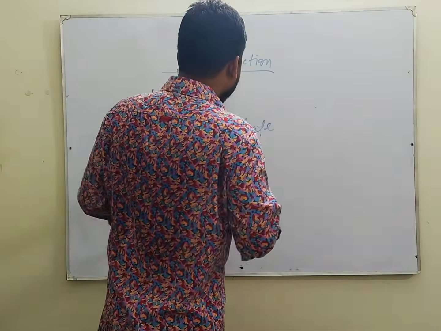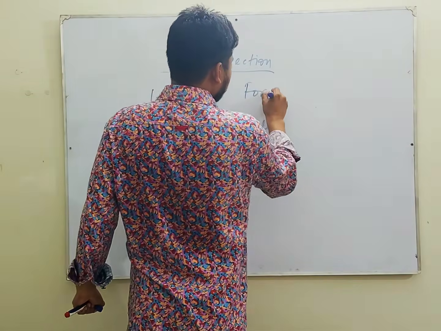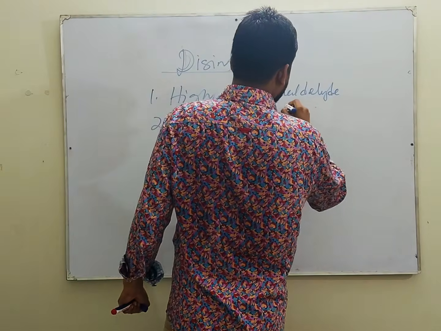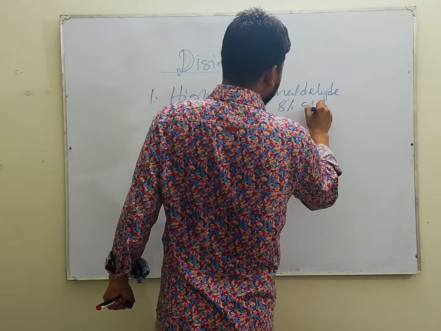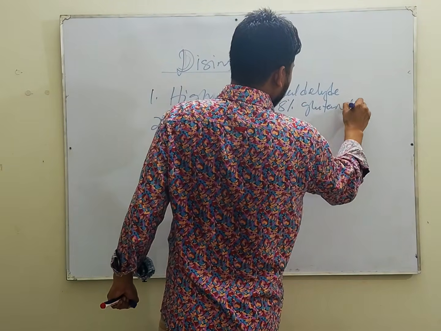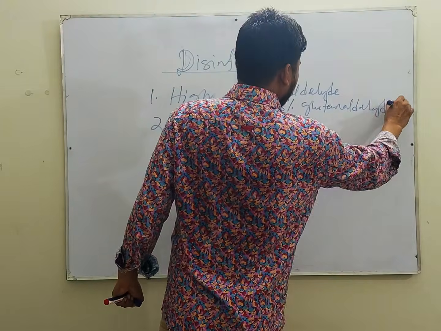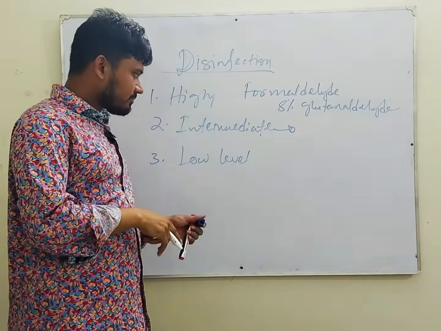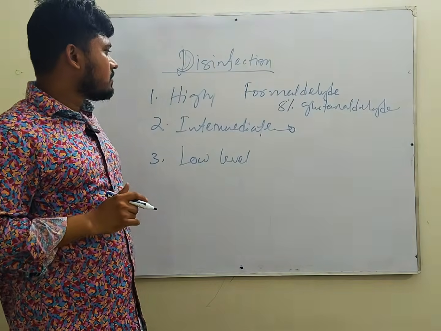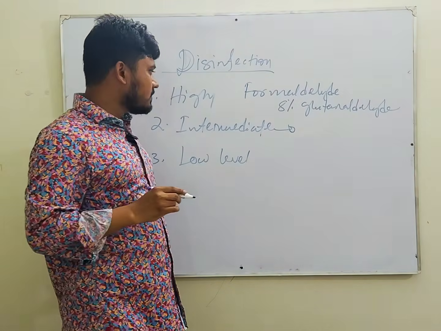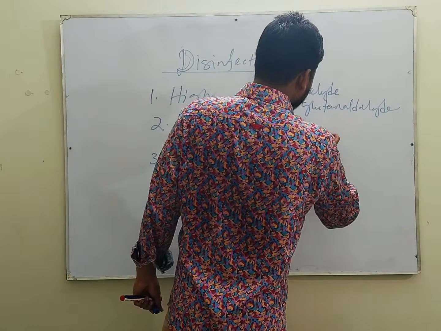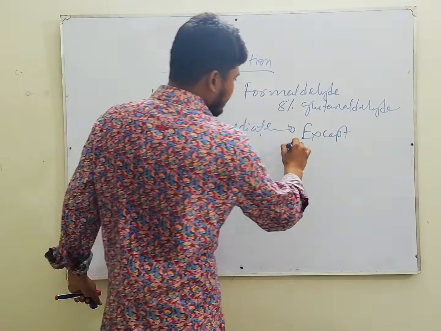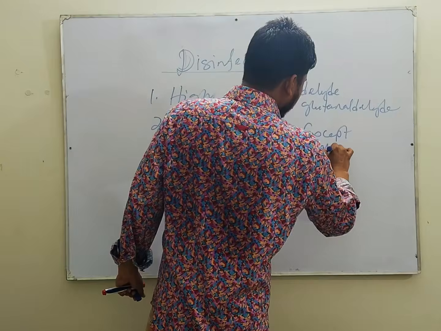For example, formaldehyde, 8% glutaraldehyde, etc. And in intermediate level disinfection, it will destroy all the vegetative microorganism except bacterial spore. Example, 2% glutaraldehyde.